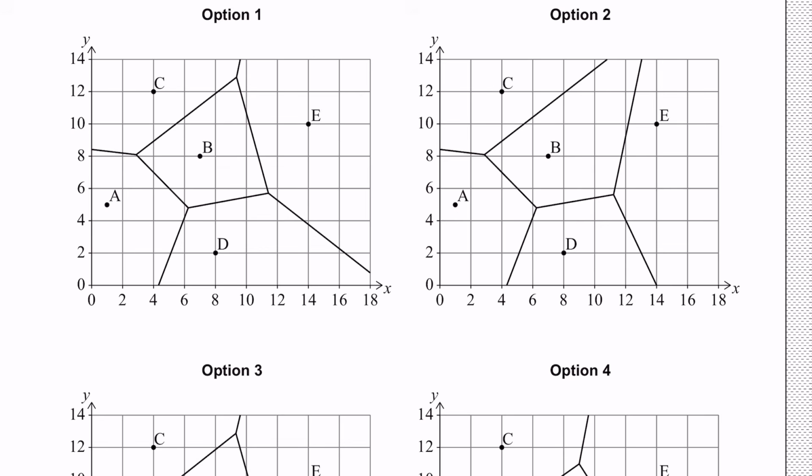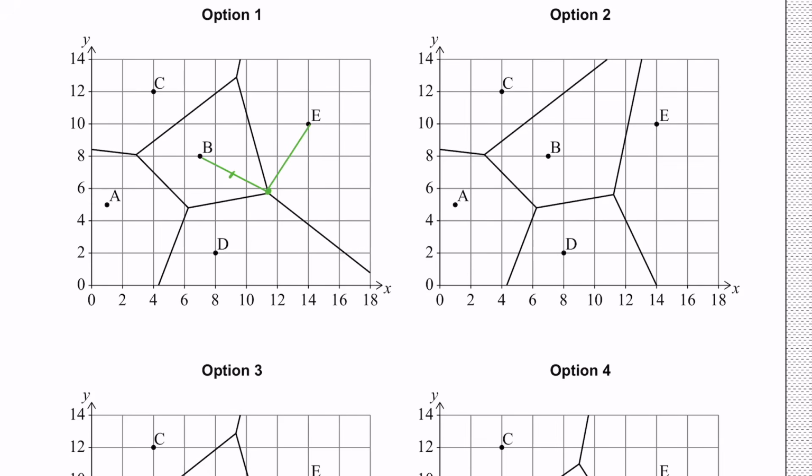And the last thing we can generalize and say is that any given vertex, or vertices, should by definition be an equal distance from all 3 of these points. So remember, along this line, all of these points are an equal distance from B and E, and that should be no different when we get to the end right here.